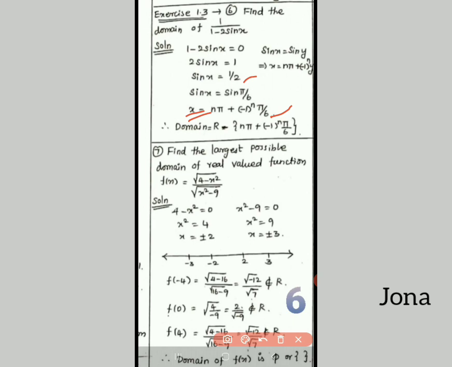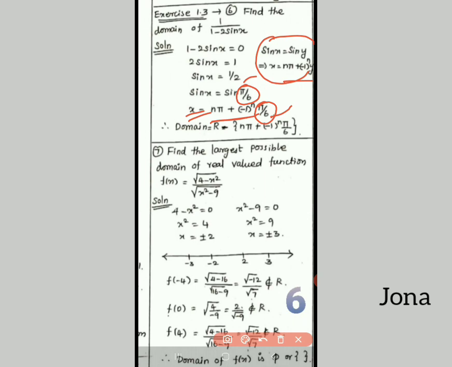Okay. So x equal to n pi plus minus 1 whole power n into the angle we found here, pi by 6. So this angle we have to put here. Here we have a formula: if sin x equal to sin y, the x value will be n pi plus minus 1 whole power n into y.